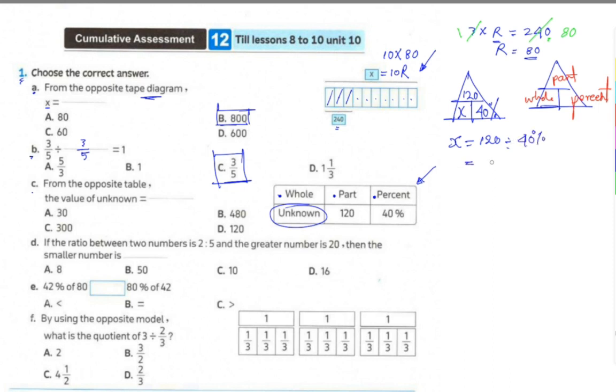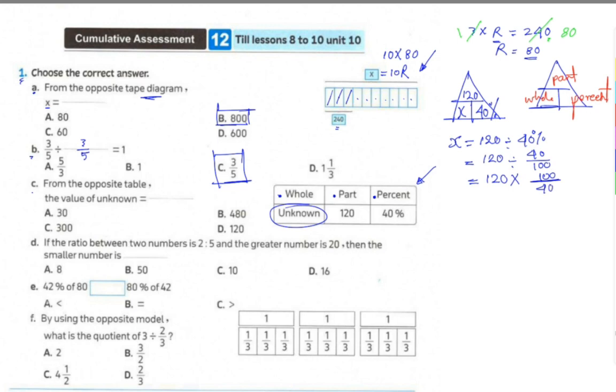How to solve? 120 divided by 40 over 100, that's the percent. To continue, I will convert this divide to multiply and use the reciprocal, 100 over 40.